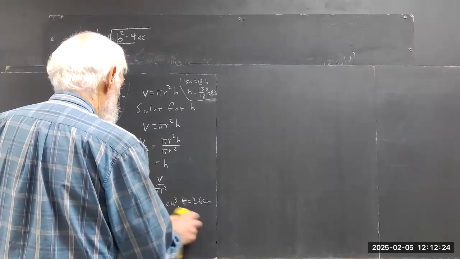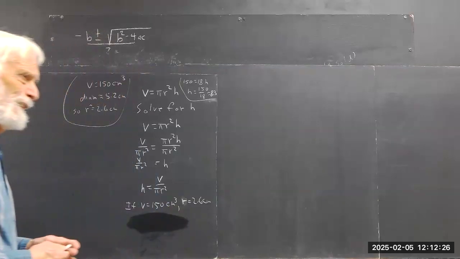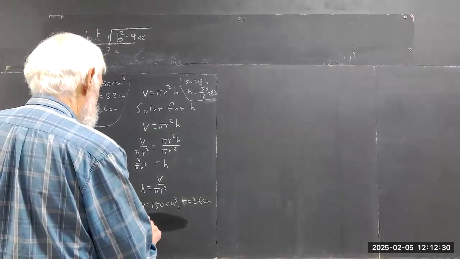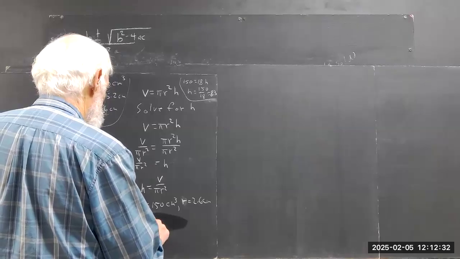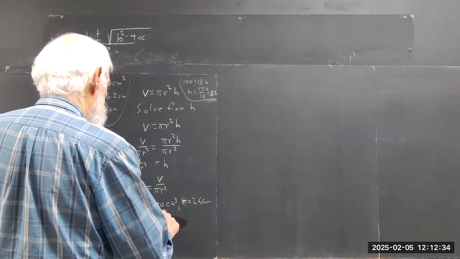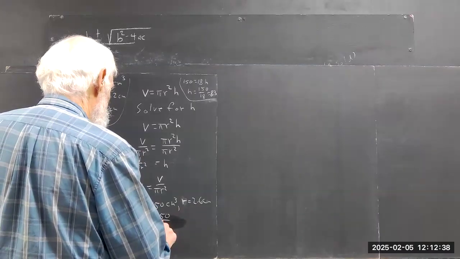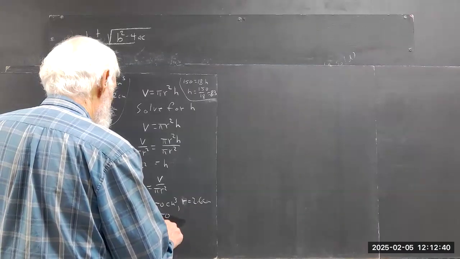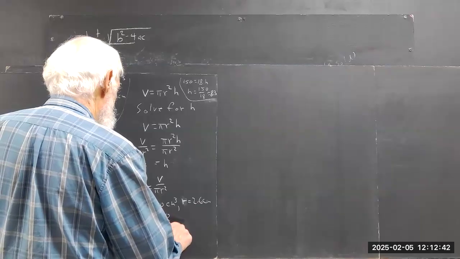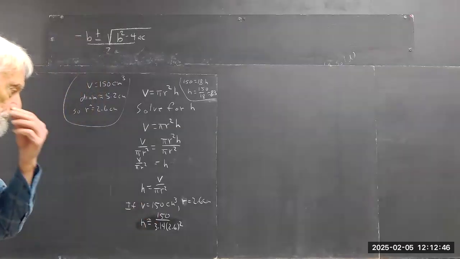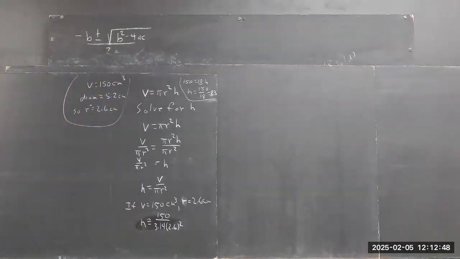Even though I'm neurologically okay, I'm still kind of a mess. Got to do with my sinuses, I think. Pressing the part of my brain that thinks. Okay, 150. Approximately 150 or 3.14 times 2.6 squared. Okay.